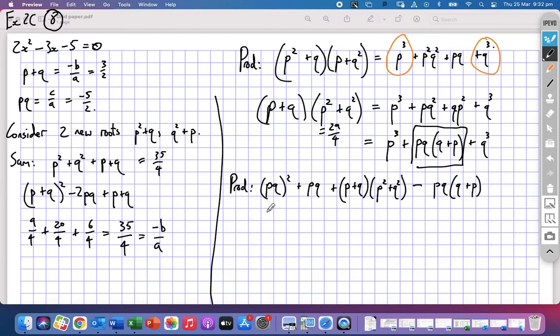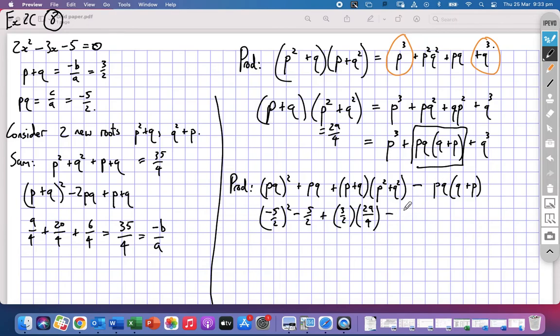All right, so we've got minus 5 on 2 all squared plus minus 5 on 2 minus 5 on 2. Then we've got plus p plus q. That's 3 on 2 times 29 on 4. So I worked that out before.